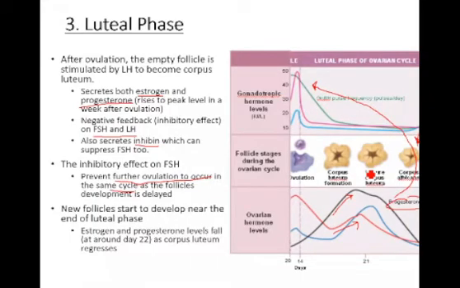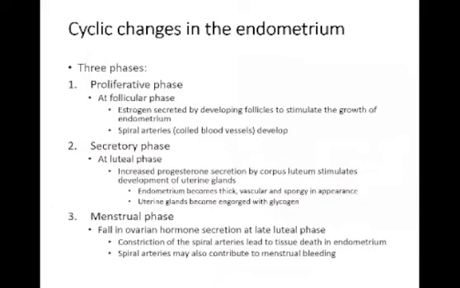It is because the egg is not being fertilized, so it just degrades. At this moment, your body will know that we have to start a new cycle. So new follicles will start to develop near the end, and the estrogen level and progesterone level will immediately fall. When they immediately fall, menstruation happens.